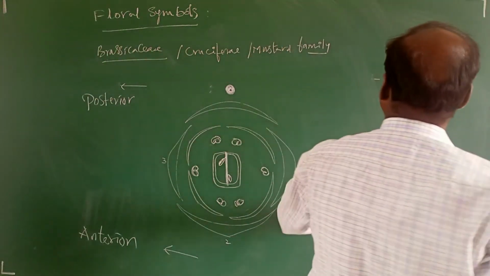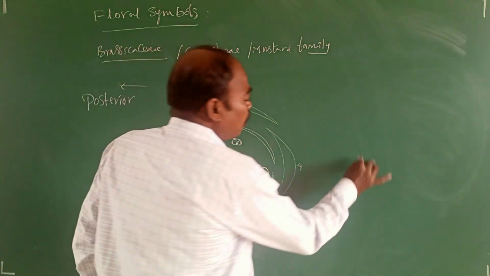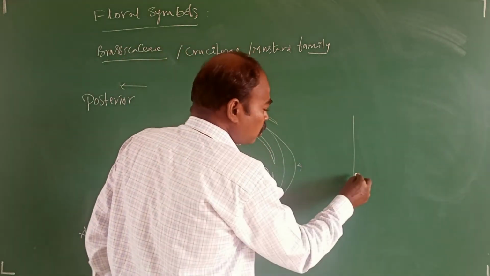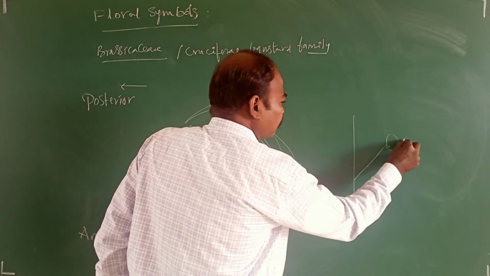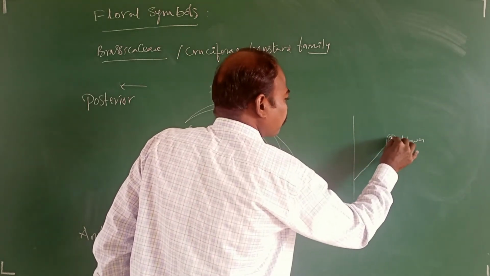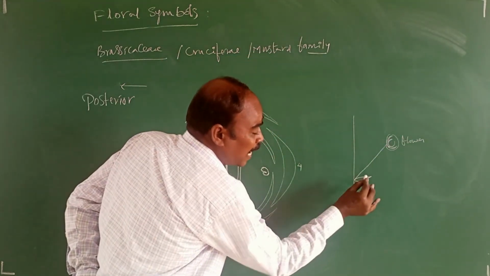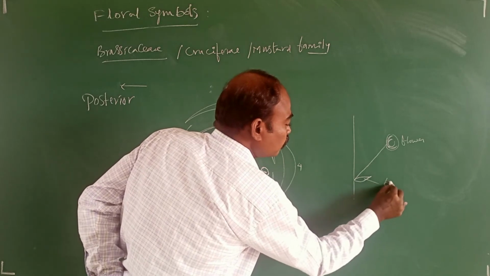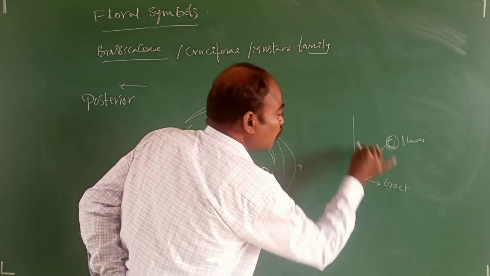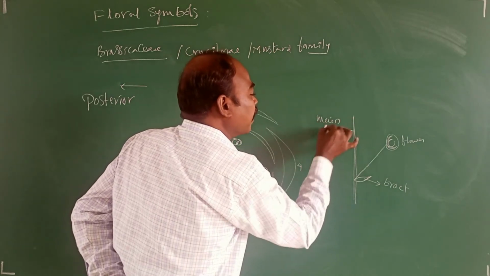What is posterior and what is anterior? See, this is a branch, this is a flower. This is what? Bract. This is what? Main axis or peduncle.